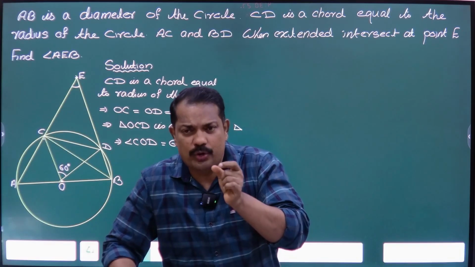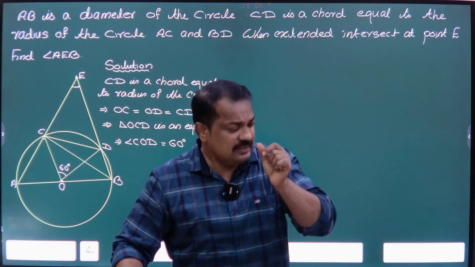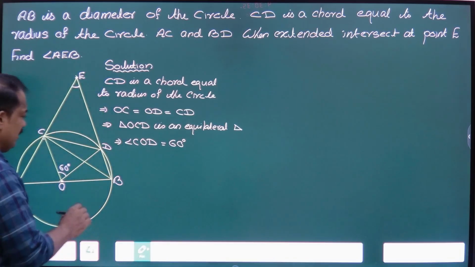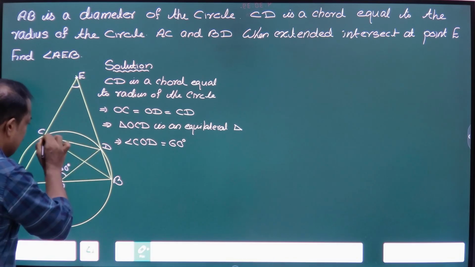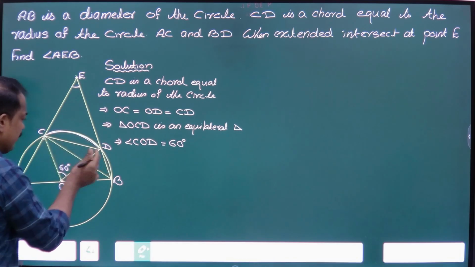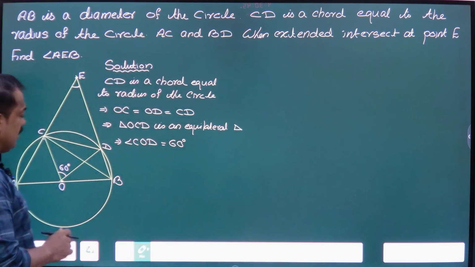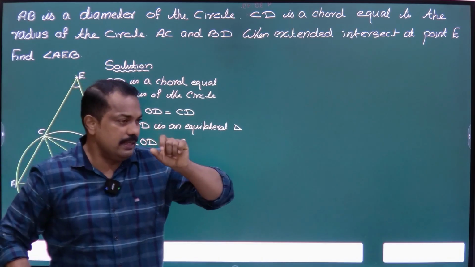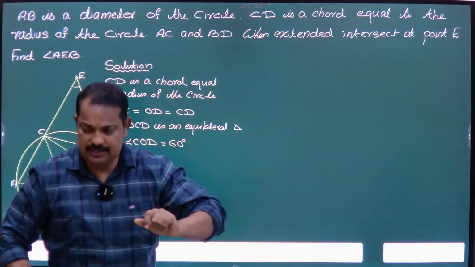Angle COD is the angle subtended by which arc? Arc CD, at the center. COD is the angle subtended by arc CD at the center.